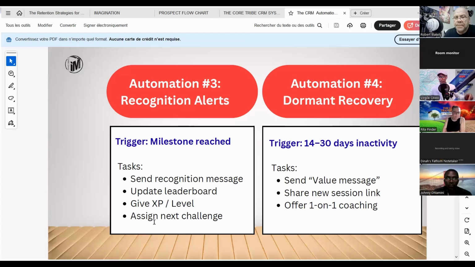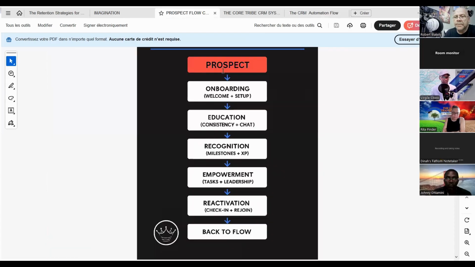But what is formatted across the board, whatever you do, and I stand and am ready to challenge on that, is this prospect chart. A prospect comes in, he has to be onboarded, he has to be educated, even if it's just a product, he has to be educated on the product. There are things I have in mind to make sure my community stays actively using the products: recognition, sending testimonials, thank you for your purchases, whatever it is, this happens here.